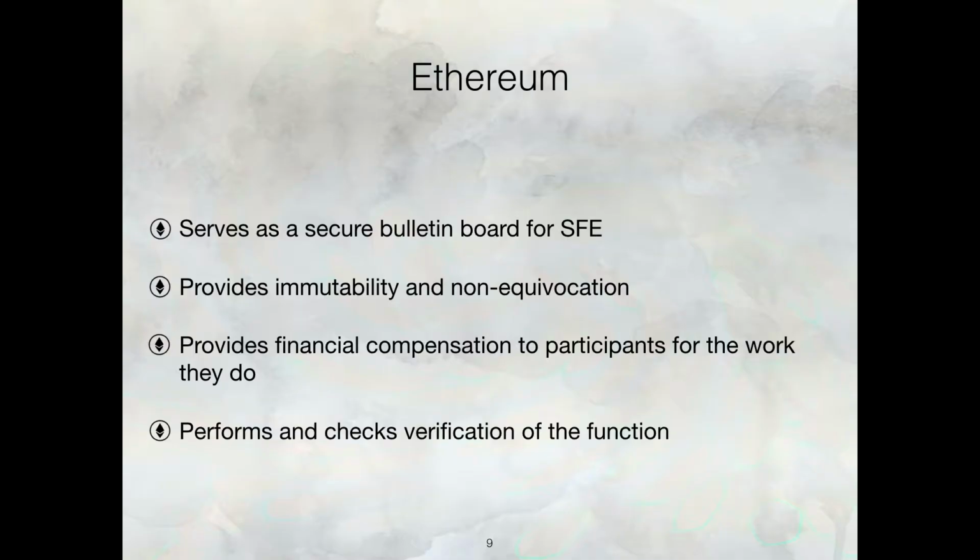So for this purpose, specifically, we are using Ethereum because it will serve as a secure bulletin board for the secure function evaluation, where you can think like there is a transcript of all the things happening in the procedure. And as blockchains have the property of immutability and non-equivocation, we are again utilizing these properties to make sure that the computation is done correctly.